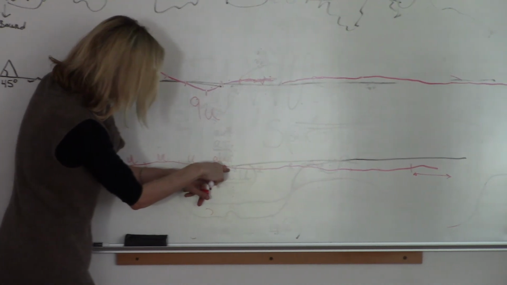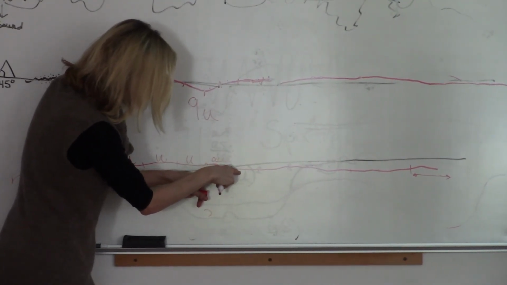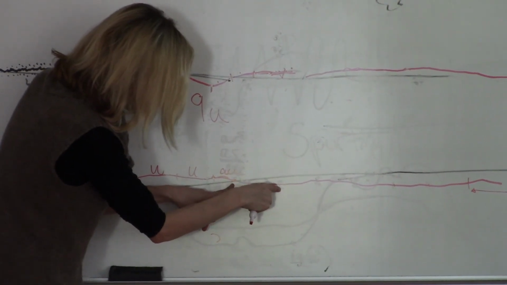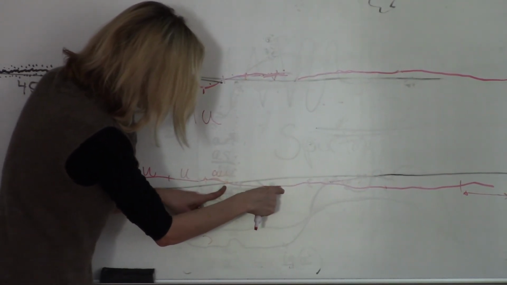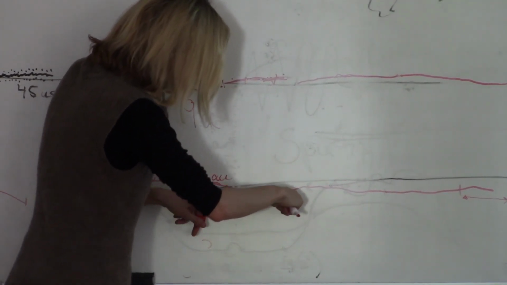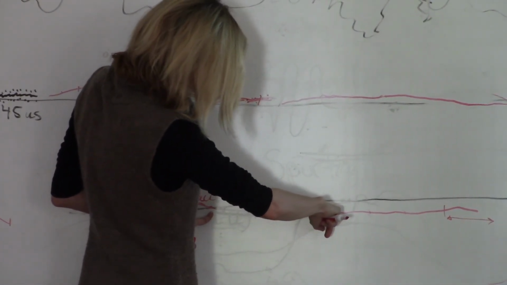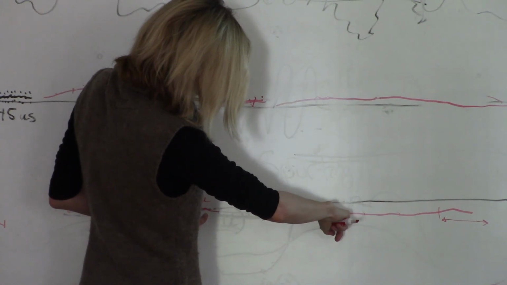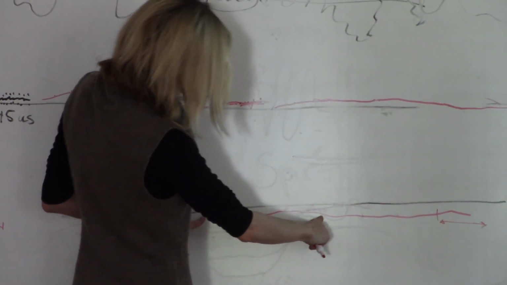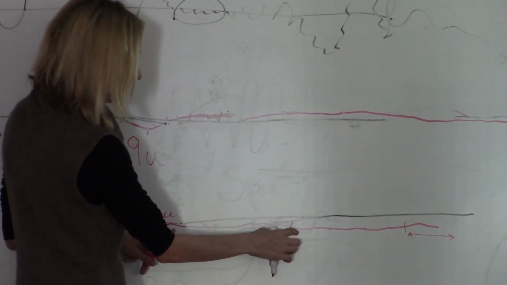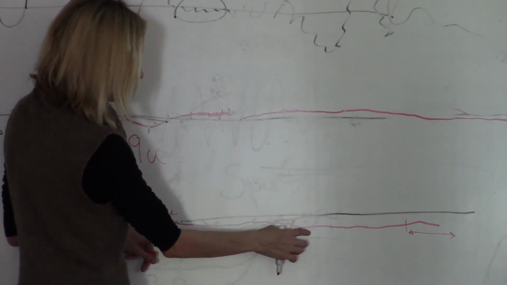Looks like this looks kind of like an IG, maybe a U, and then it kind of goes up a little bit, but it looks pretty much to me like a U. I'm going to say up to here, because by the time I get to here, see how it kind of dips a little?